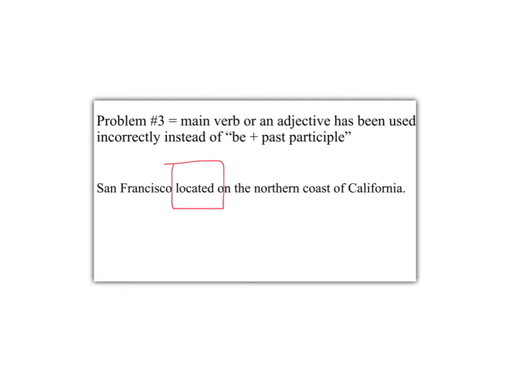It has to be "San Francisco is located on the northern coast of California." So for this problem, you really want to pay attention if you're using an adjective or looking at the main verb to check and see, do you actually need a form of to be plus the past participle to correctly form it?